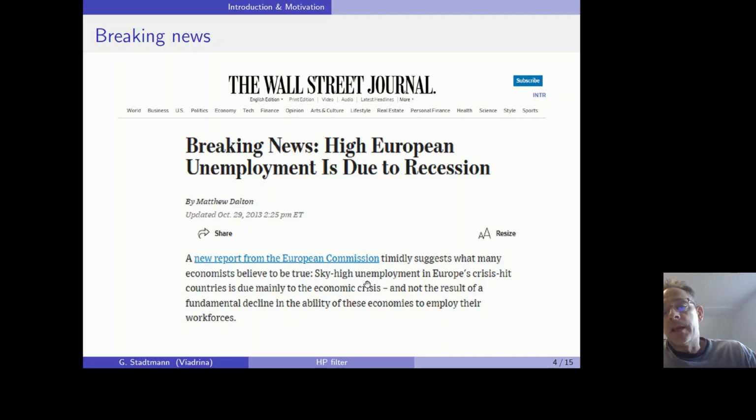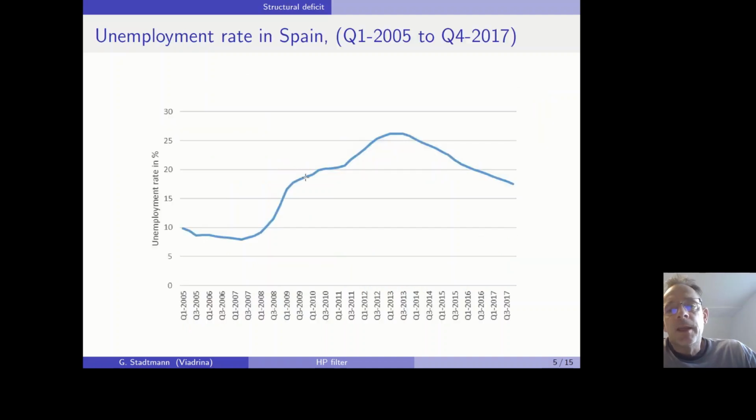This is what it said in this article. And they are to some extent making fun of this kind of news, because they say breaking news. To some extent, it should be the case that this is in line with our intuition.